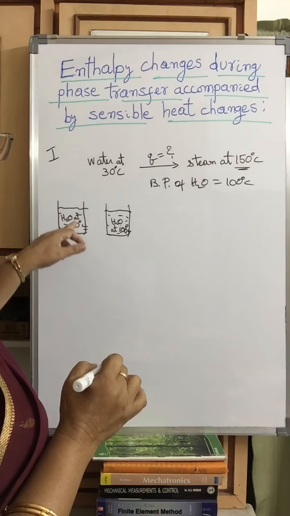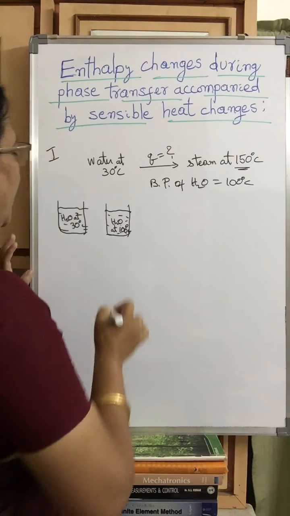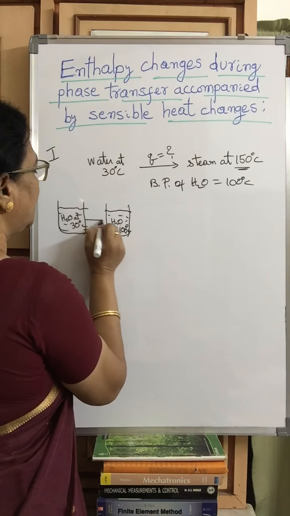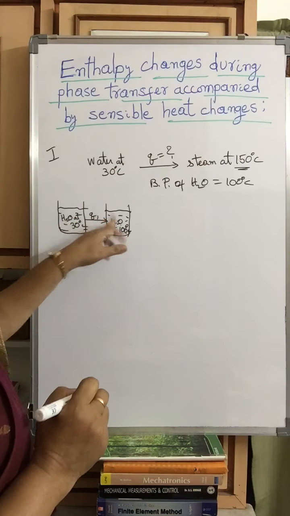This is water at 30, initially what we have, then we need to heat it to water at 100. Here the quantity of heat to be supplied is Q1.